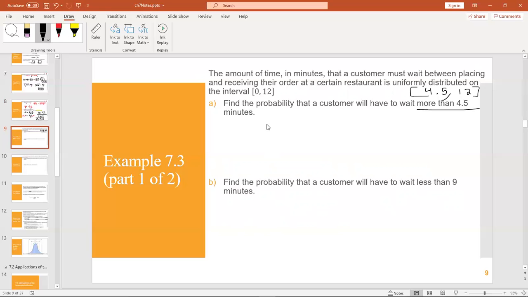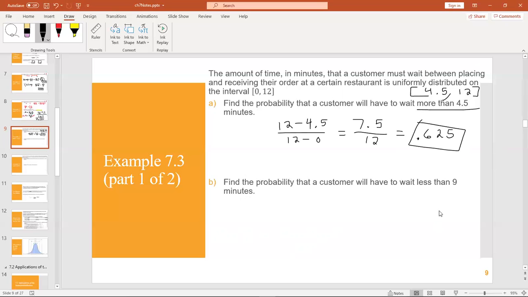So then for this probability, you're going to do 12 minus 4.5, and then divide that by 12 minus 0. And this is the length of the entire interval. 12 minus 4.5 is 7.5. 12 minus 0 is 12. So then 7.5 divided by 12 is 0.625. That'll be the probability for that one.